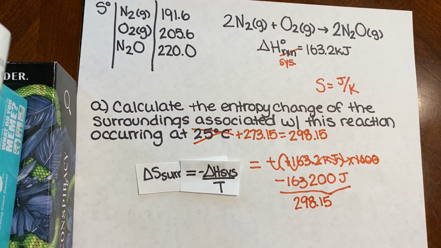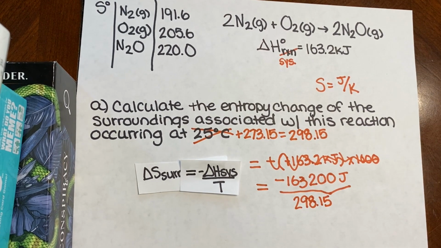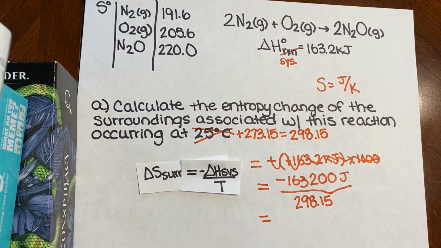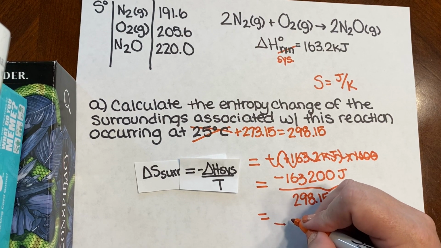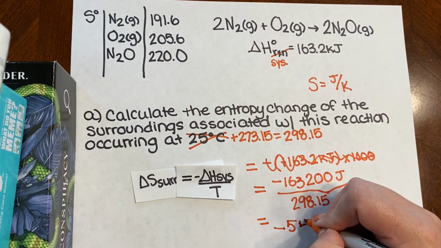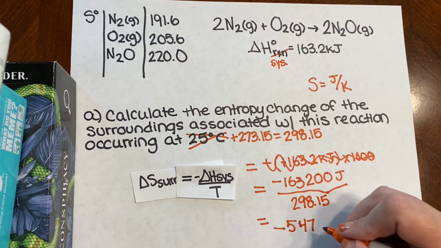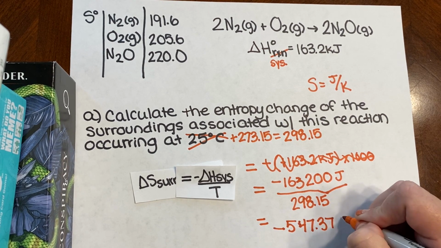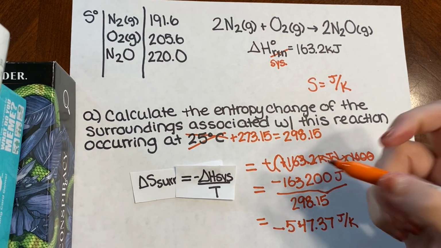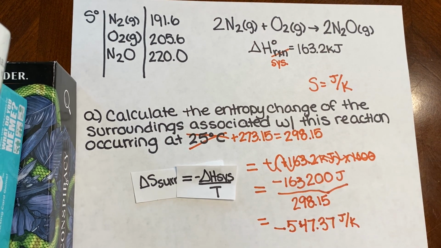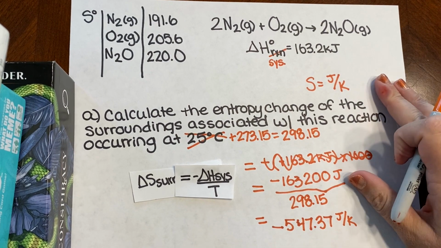Now we can actually finish the problem now that we have all of our information. So our final amount is negative 547.37 joules per Kelvin. And remember, this negative sign means that it's non-spontaneous.